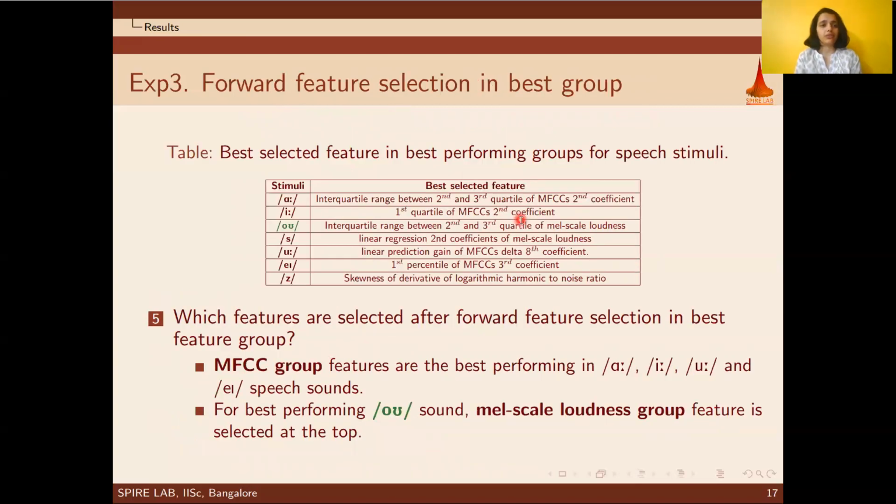Here are the results of our last experiment, which was forward feature selection in the best selected group of experiment 2. The topmost selected feature in the best selected group of experiment 2 is shown in the table here. For the sounds R, E, U, and Y, MFCC group features are selected at the top, as you can see here.